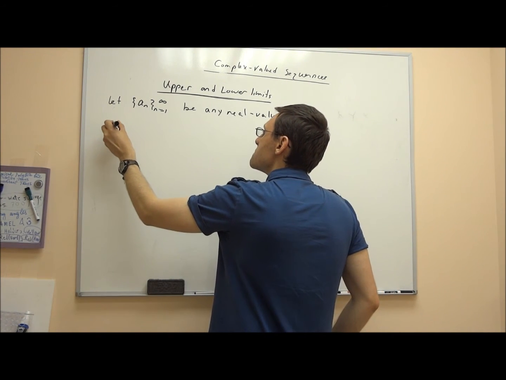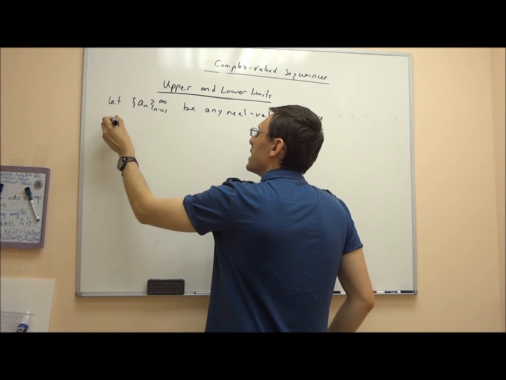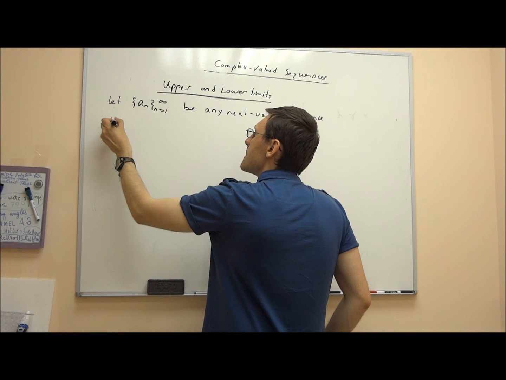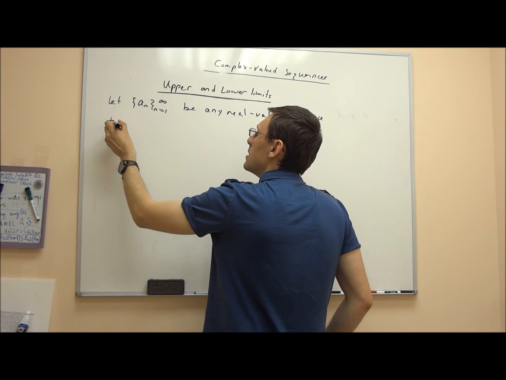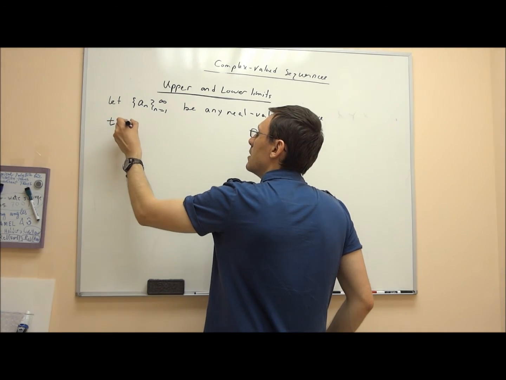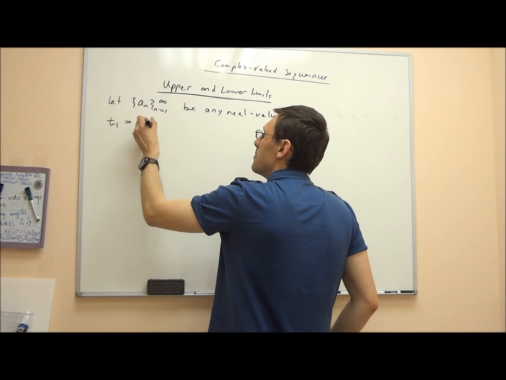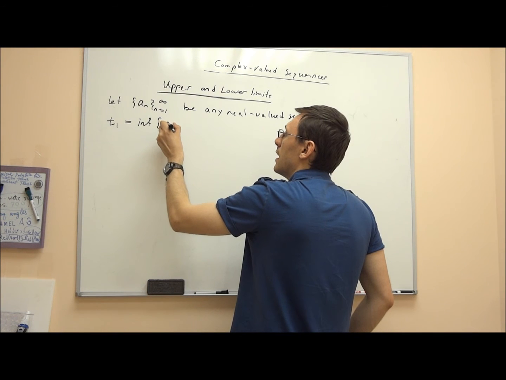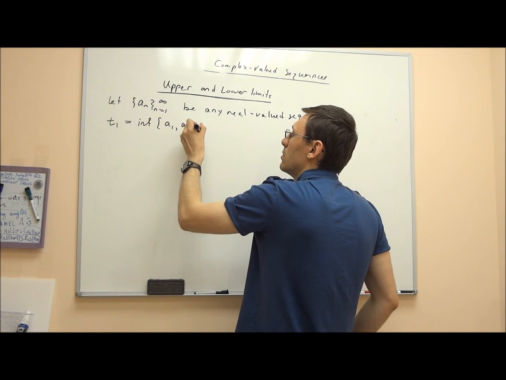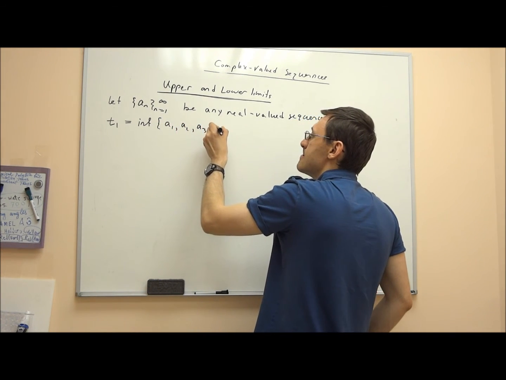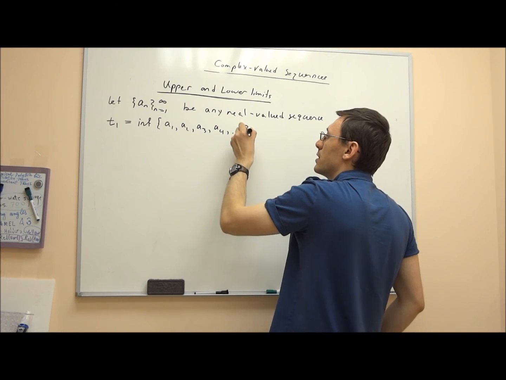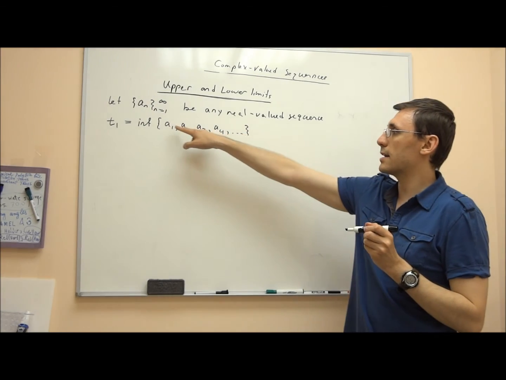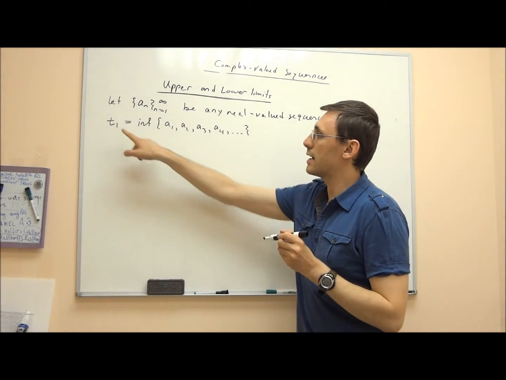So we are going to define T sub 1 to be the infimum of the sequence A1, A2, A3, A4, onwards. So the entire sequence. We're going to take the infimum of the entire set of all numbers in the sequence, and that's going to be T1.